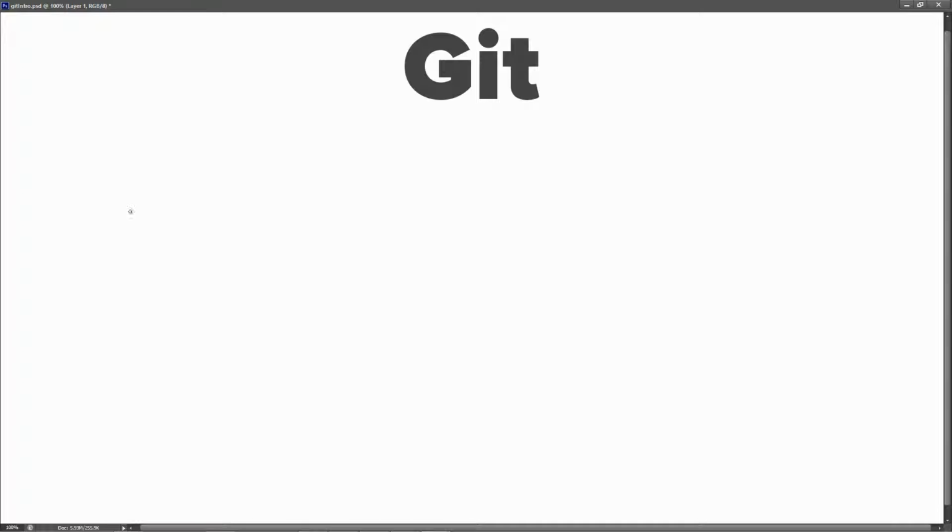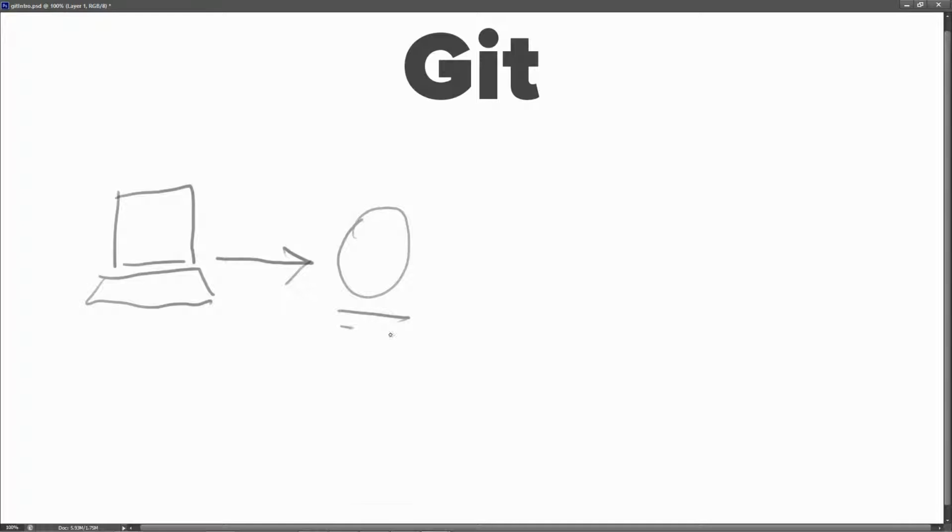So basically, here's the general flow. You have your computer over here, and it has a bunch of files on it. So this needs to transfer that information to someone else. So what you do is you transfer that information to a repo. That is something that Git holds, and basically how it works is you can use several different ones. There's Bitbucket, GitHub, and a few other free ones out there.